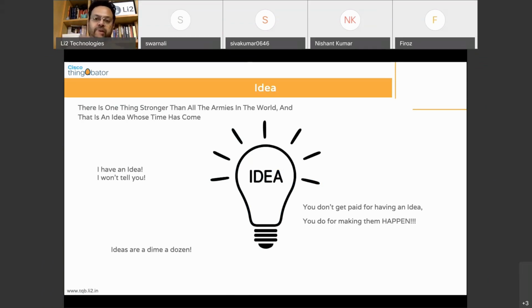Right now, Nishant just spoke about a great idea of a medical delivery system, and I know it, and you know it. So what can you do about it? Nothing, right? Even your idea could be that. So idea is not IP, according to me. There's a lot of difference between idea and IP, so please differentiate that.